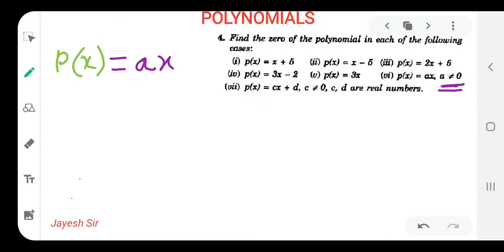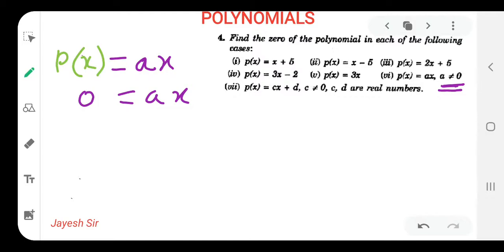Yes friends, now what we are supposed to do: a as it is and the value of x also as it is. We need to find the value of x, but the value of a cannot be 0, friends. Then from that we can say that the value of x should be 0.